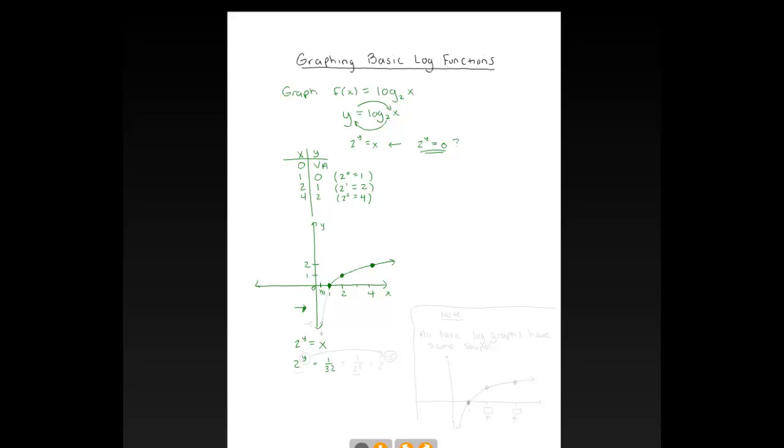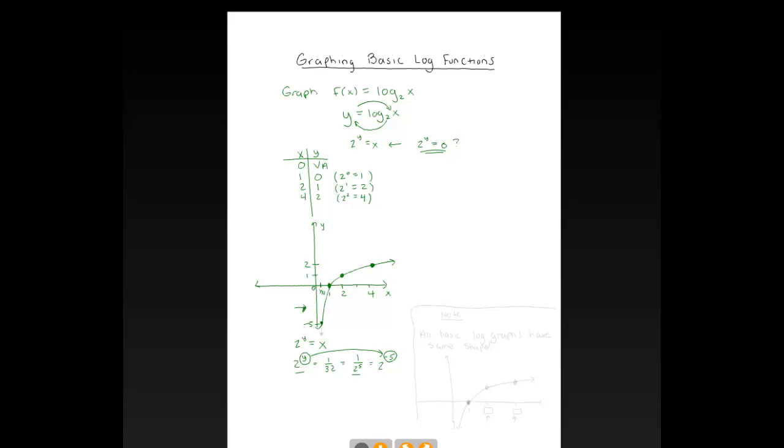I chose 32 because I know that 32 happens to be 2 to the 5th. So now I've got 2 to the y equals 1 over 2 to the 5th. But 1 over 2 to the 5th is the same as 2 to the negative 5. If you match it up, that means y is equal to negative 5. So when x is 1 over 32, y is down here at negative 5. Our graph is going to continue like this.